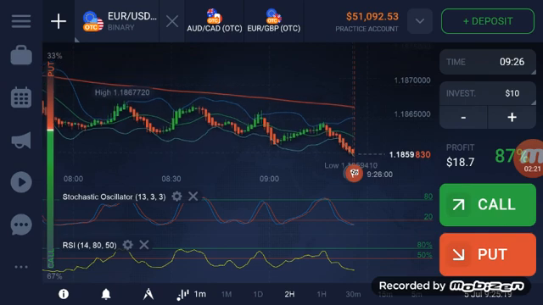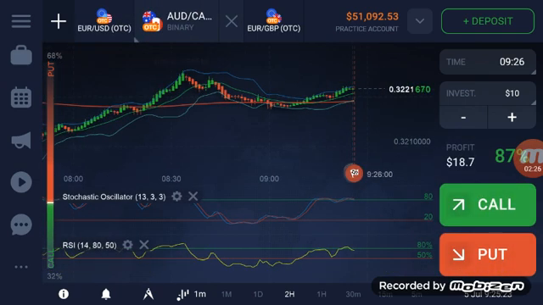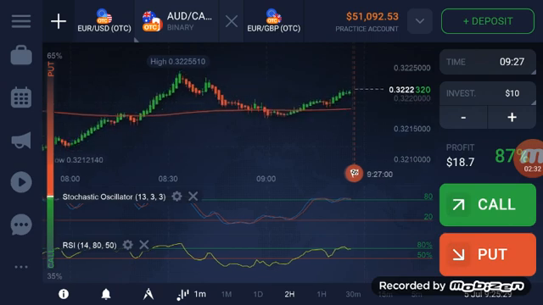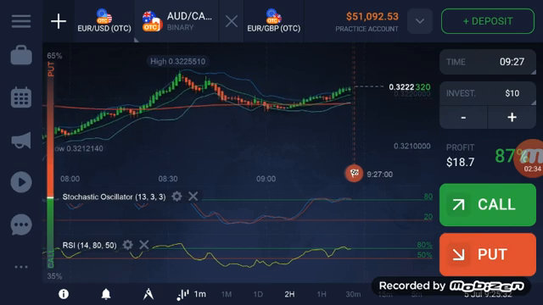Okay, I'm going to wait for the Euro USD a little more, and we're going to trade this Australian CAD, but not right now. We're going to wait a little because that RSI just went up, so I'm not sure what it's doing.